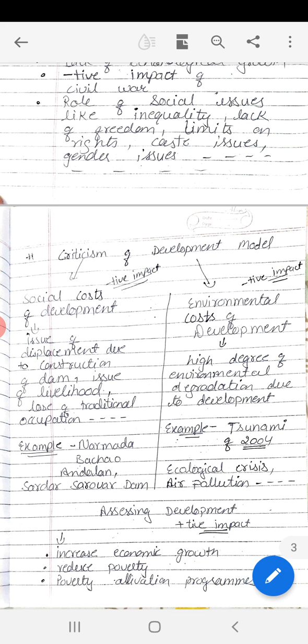The drying up of rivers and ponds and falling groundwater levels means that women have to walk longer in order to find drinking water.